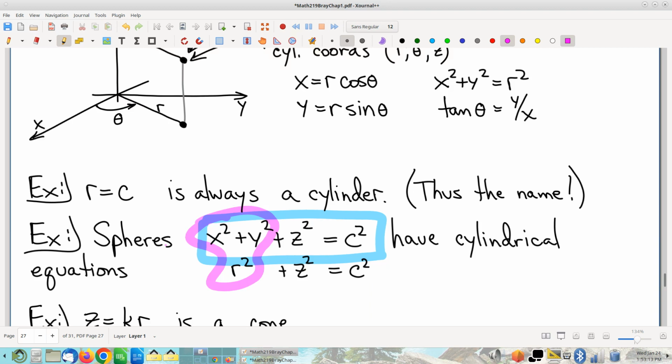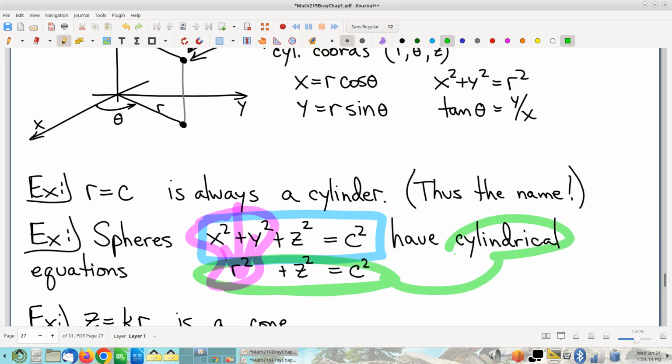And notice, having replaced x squared plus y squared with r squared, what we end up with is entirely an equation of cylindrical variables. In other words, this is the cylindrical equation for that same sphere. Not that different from polar.